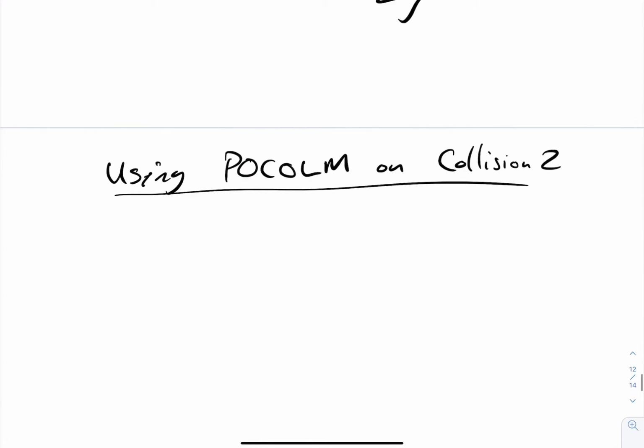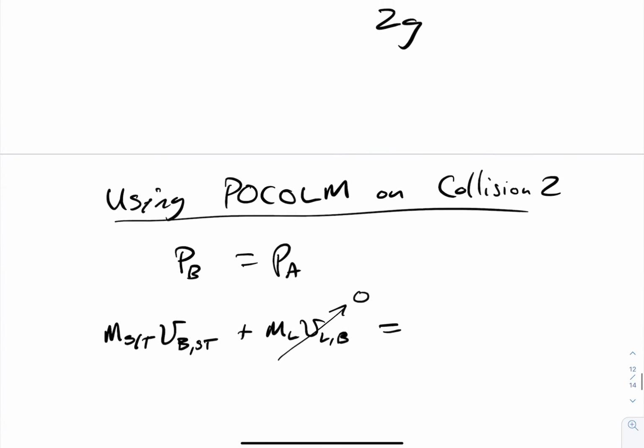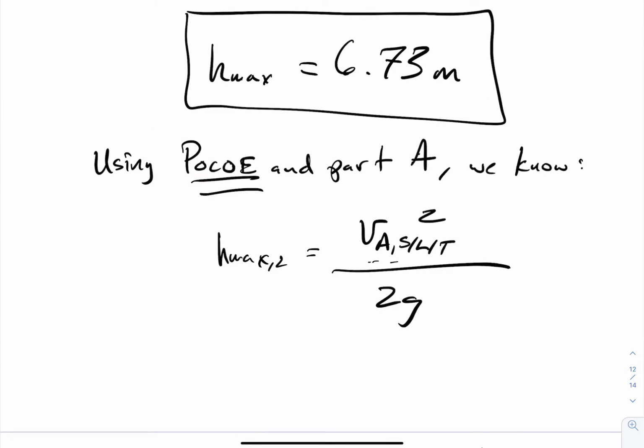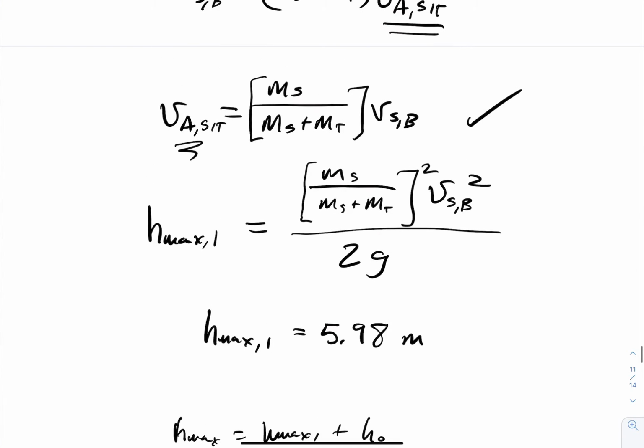So we can use POCOLM. We know the momentum before has to equal the momentum after. The momentum before was the mass of the Smoot tire together and their velocity before, plus the mass of the labradoodle times the labradoodle's velocity before, which was 0. And this v before the collision 2 is v after collision 1. So we actually know that. That's this right here.